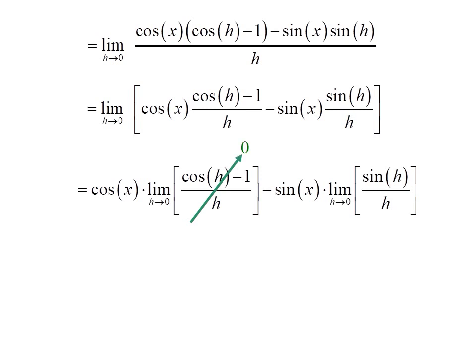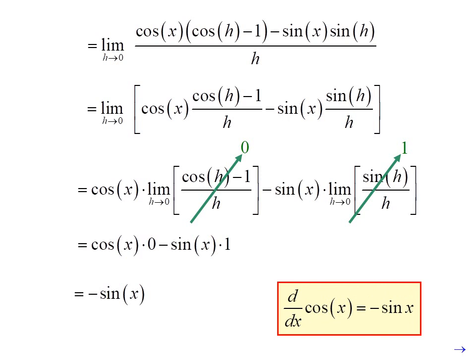The limit of cosine h minus 1 over h is 0. The limit of sine h over h is 1. So we have cosine x times 0 minus sine x times 1, or negative sine x. So the derivative with respect to x of cosine x equals negative sine x.